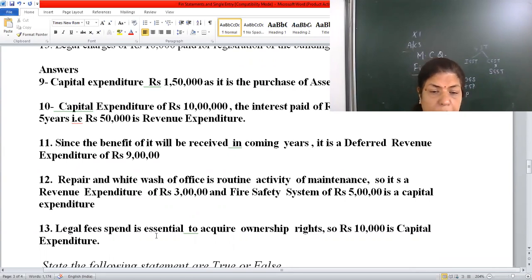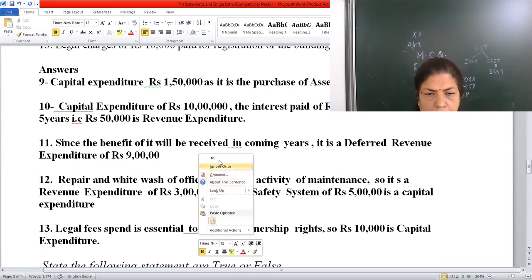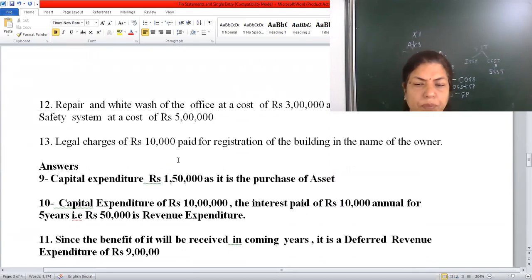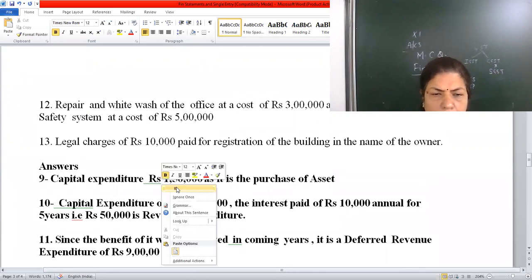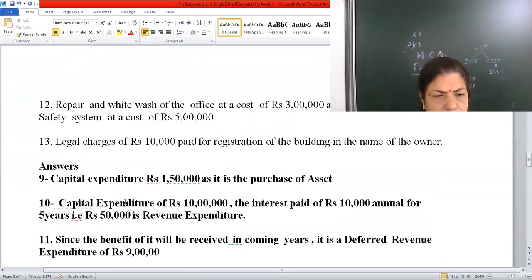Why this is capital expenditure, I want to ask you. This is the question I am telling you. See, okay, first discuss. Purchase of asset is capital expenditure. Clear? Just now I told you that the asset purchase is non-recurring, non-repeating, that's why it is capital expenditure.